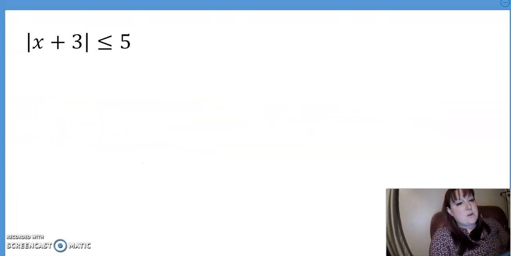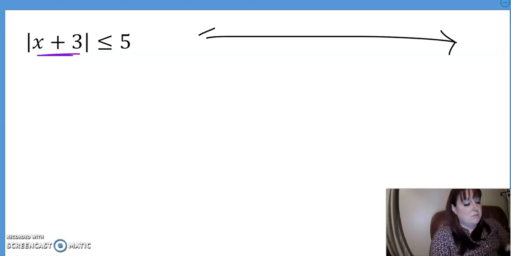Here's an inequality. So remember, all the stuff in the middle has to be less than 5. Here's 5, here's 0, here's negative 5. So all the stuff in the middle has to be closer to 0 than 5, which means it needs to be less than 5 or greater than negative 5.